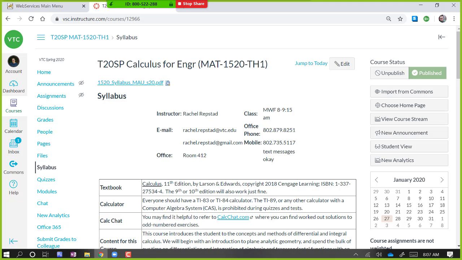Right now, this is the syllabus page, this is the home page. Probably after today, I might change the home page, but there's this menu of items here on the left-hand side. You can see that syllabus is highlighted there, or bolded. So this is just the same thing that's on the printed out document that you have. Pretty soon, I'm going to change the home page down here to modules.